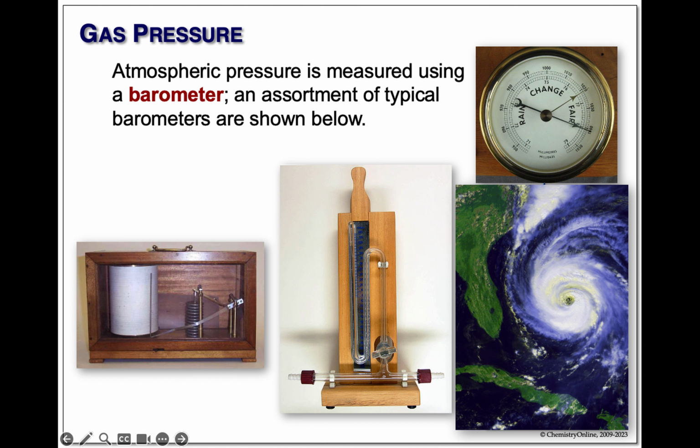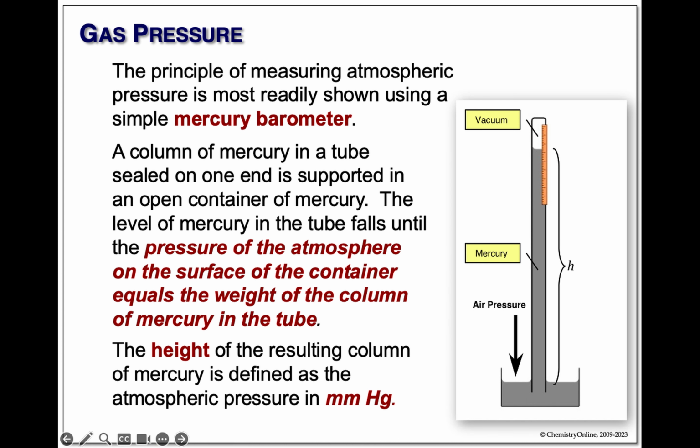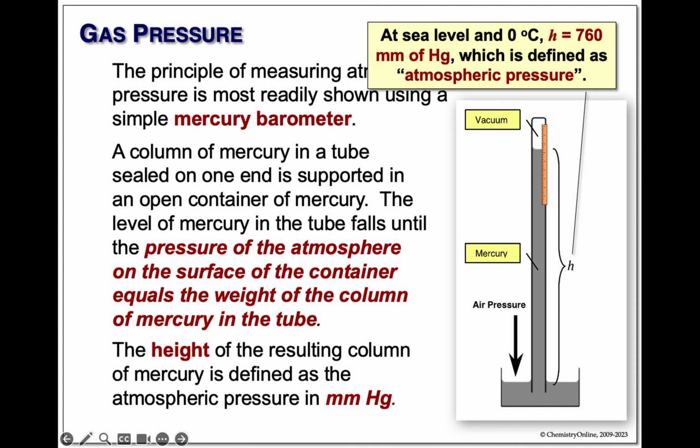In lab, we will measure using a mercury barometer. Now again, this is something that's a bit of an antique. It used to be something that every student did during general chemistry. Make your own barometer. It's roughly 3 feet tall.